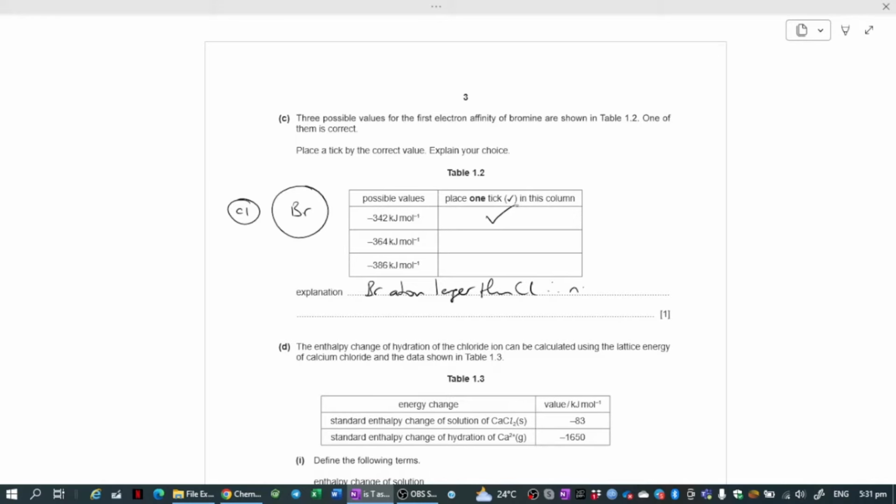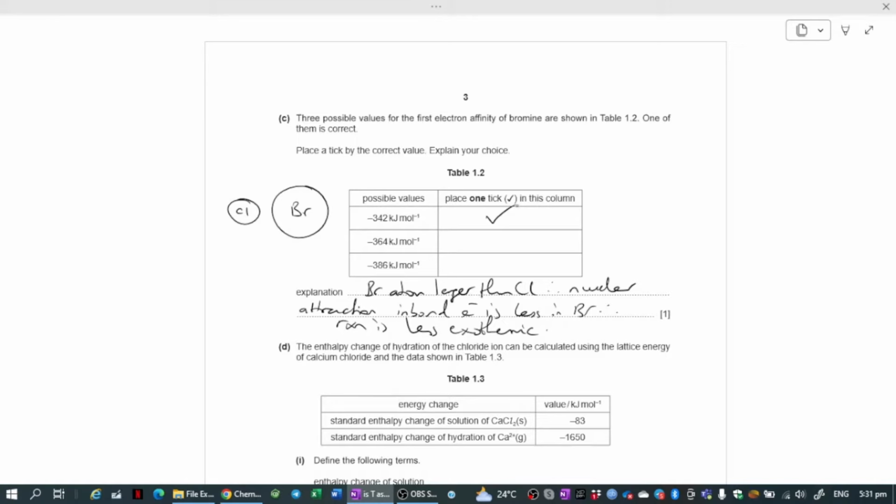It means that the nuclear attraction for an incoming electron, or for an inbound electron, is less in bromine. Therefore, the reaction is less exothermic.